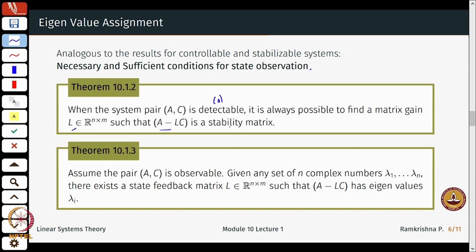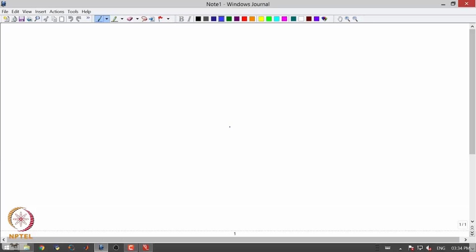Okay, so first let us try to understand this in terms of duality and then come back to the original system. So I have x dot is Ax plus Bu, and say for simplicity y is Cx, and I ignore the d for the moment; nothing really changes, it is just without loss of generality.